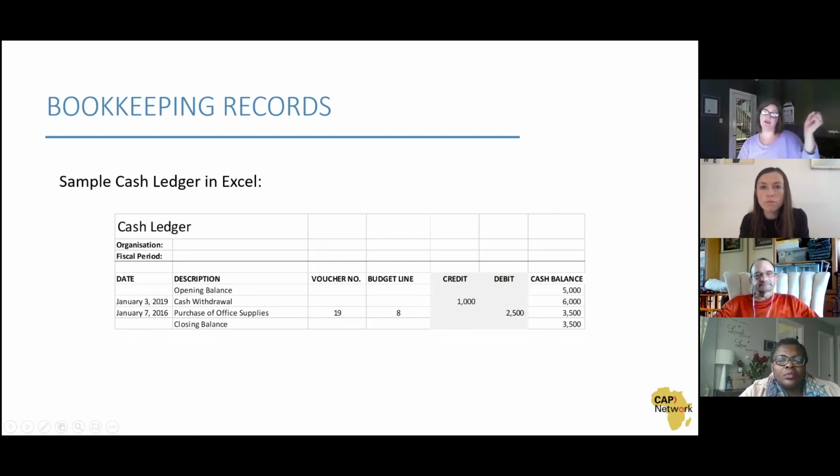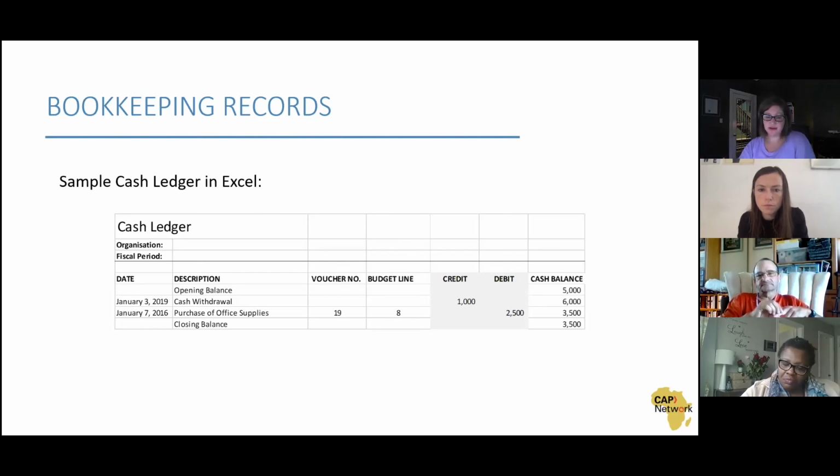It's a debit from your bank and a credit into your cash account. So it's accounted for. This is the double entry. So you're accounting for it leaving your bank and entering your cash box. And now you can then track how that cash is spent using your cash ledger.